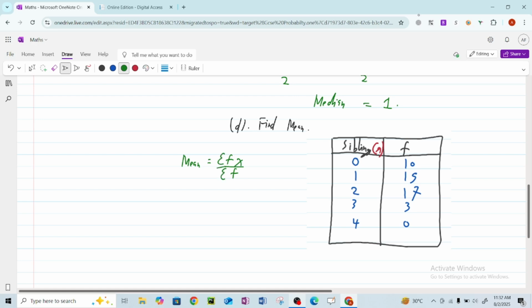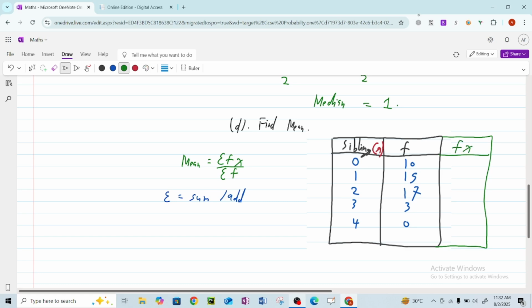What is Σfx? Σ basically means sum, or add. Now, you're going to first make the third column over here. That's going to be your fx.